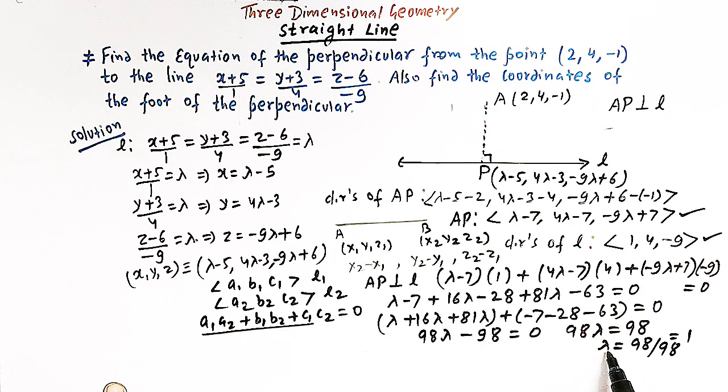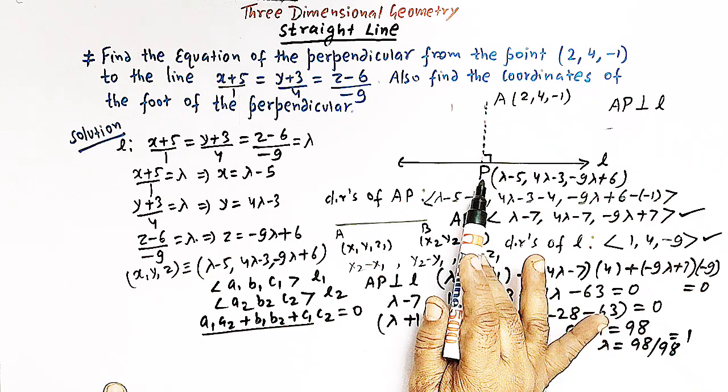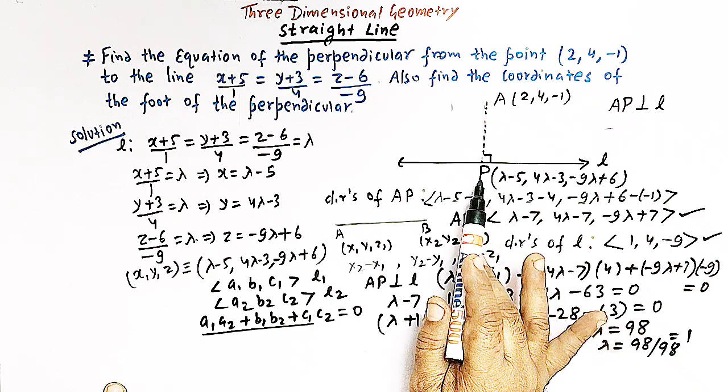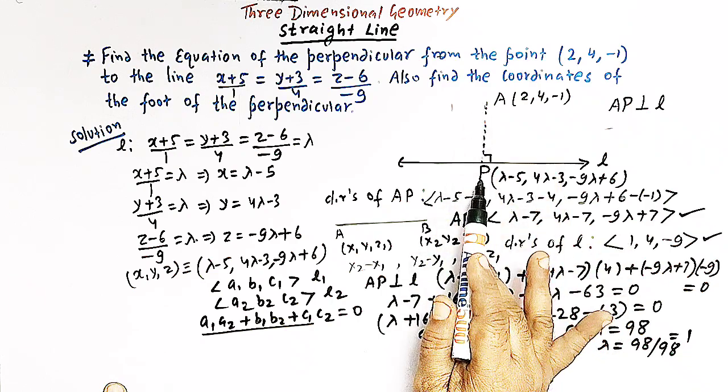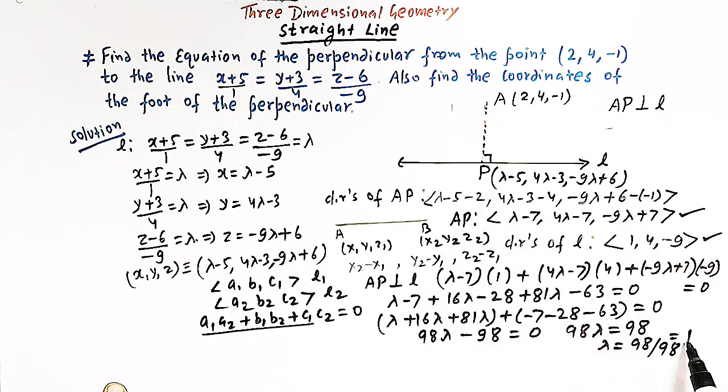So for lambda is equal to 1, we can now easily find out the coordinates of the foot of the perpendicular. So P is the foot of the perpendicular. So taking lambda is equal to 1 over here, the coordinates of the point P are given by 1 minus 5, then we have 4 times 1 minus 3, and then minus 9 times 1 plus 6.